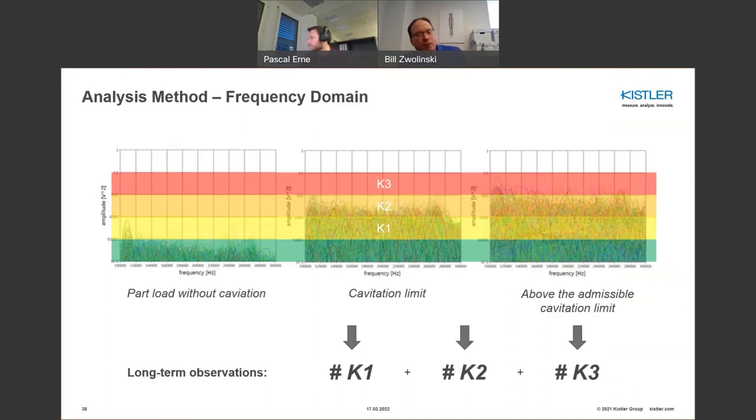And at K1, maybe it's a very low level cavitation that you have extreme life. So, segmenting the events over time into these categories allows you to apply an algorithm to determine what type of maintenance intervals you will need to maintain your water turbine.